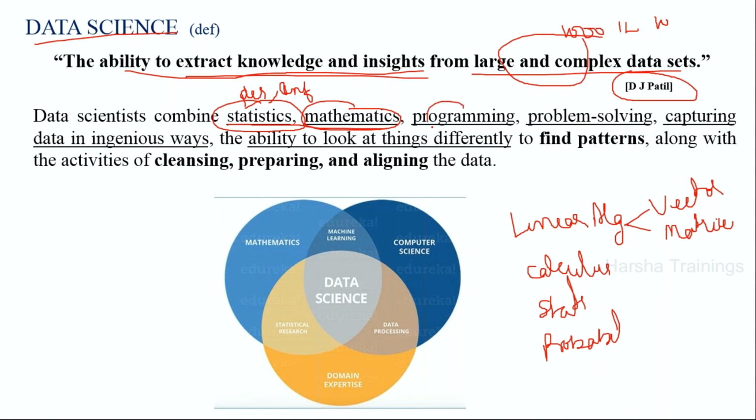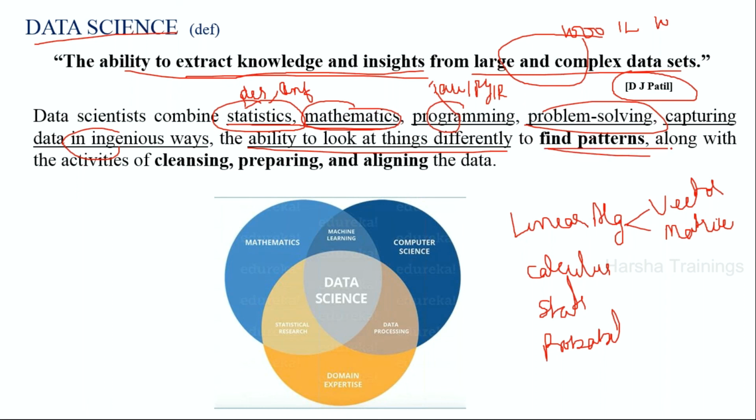Now, you should have the basic knowledge of either Java or Python or R. Then every student inherently must have problem-solving skills, see the data in a more indigenous way, and have the ability to look at things differently. Every data can be looked at in different ways to find patterns.